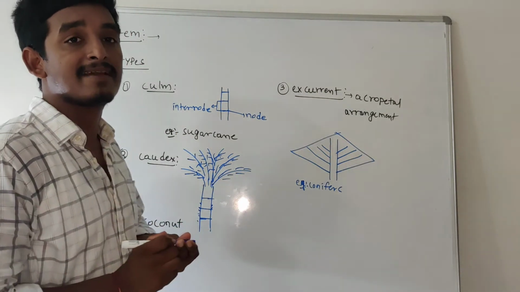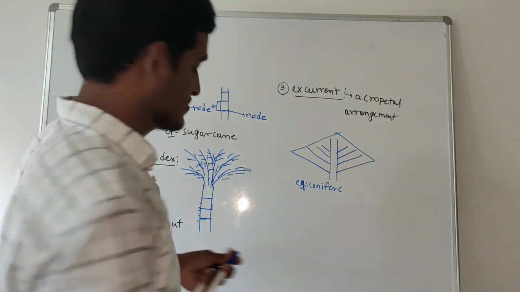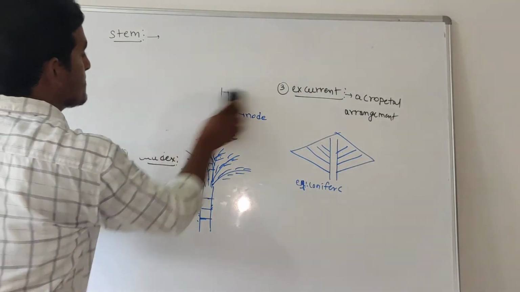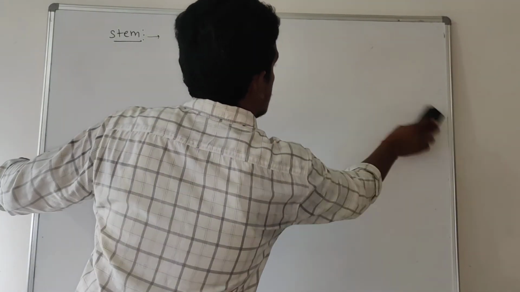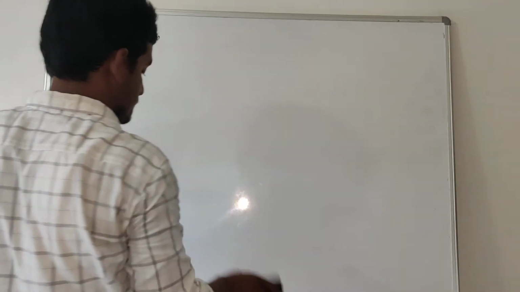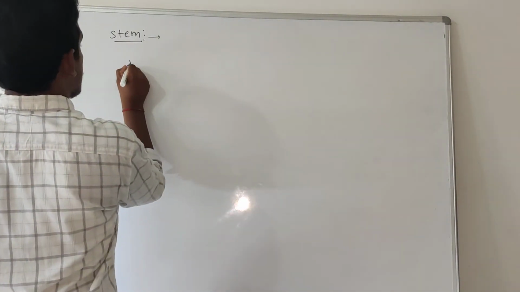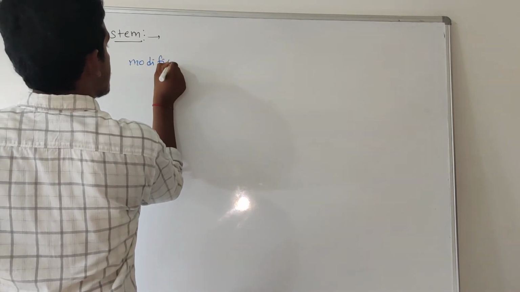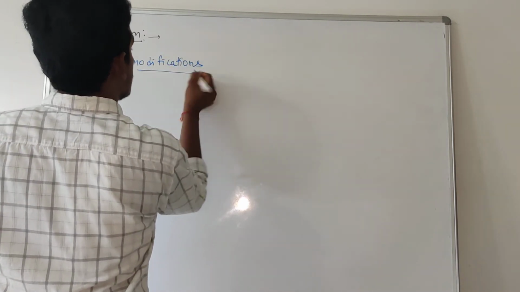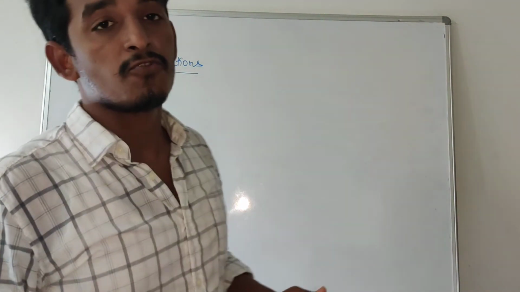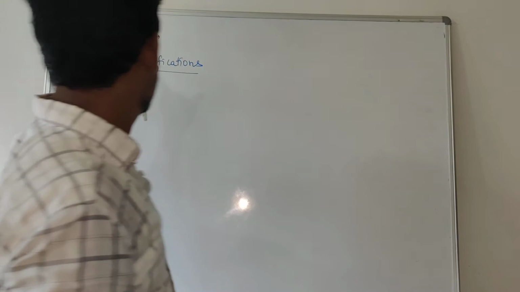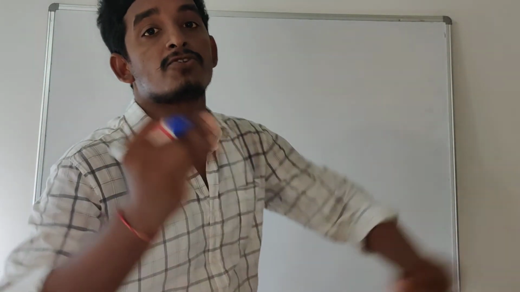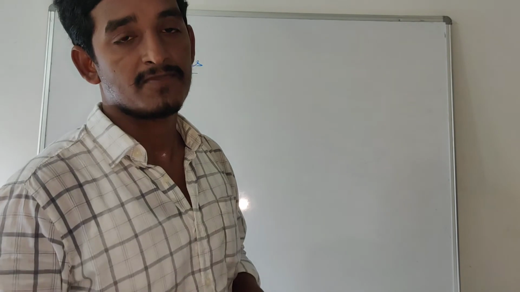Later we will discuss various stem modifications. What is modification? In root modifications also we discussed what modification is. Modification is a permanent change that takes place in the stem to perform a special function, not a normal function.